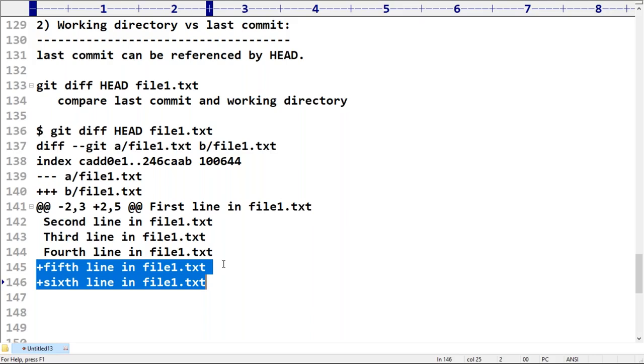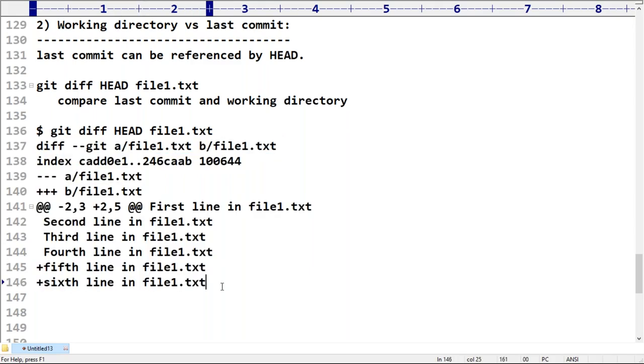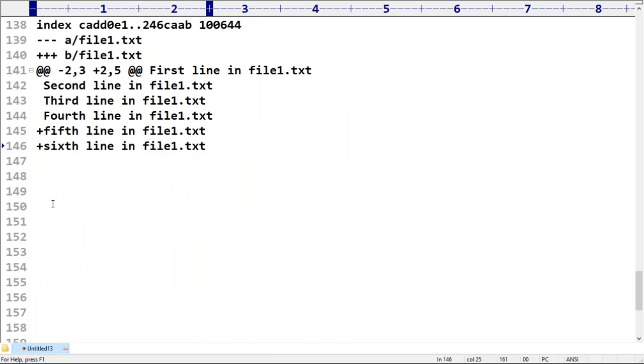Are you feeling comfortable? So that is how to compare the last commit and the working directory. Clear for you people? Okay, now I'm not required to give any more explanation about these things. You can understand. So 2 lines are there. Now the third one. If you take git diff file1.txt, it is not going to work.